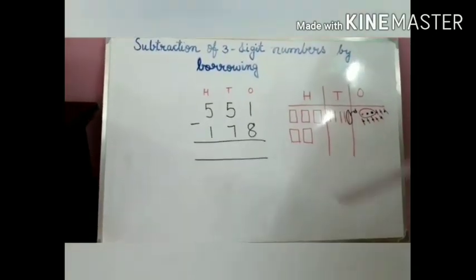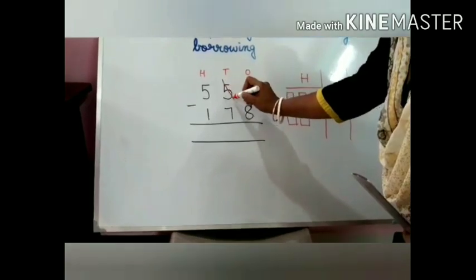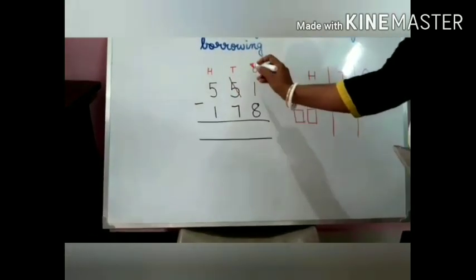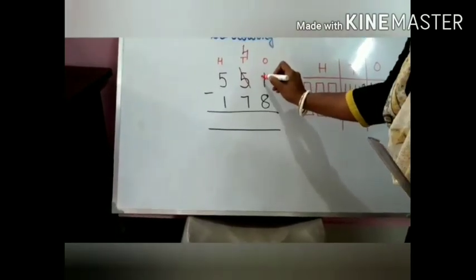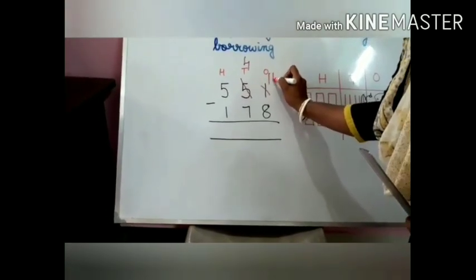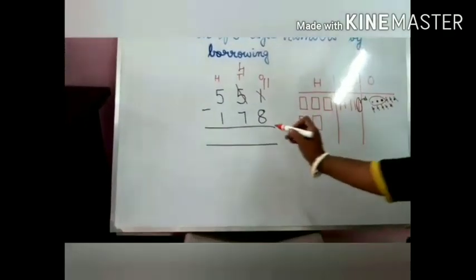The same thing we will do here: from 5 tens, if I take away 1 ten, how much remains? 4. And this becomes 11. From 11, if I take away 8, how much remains? 3.